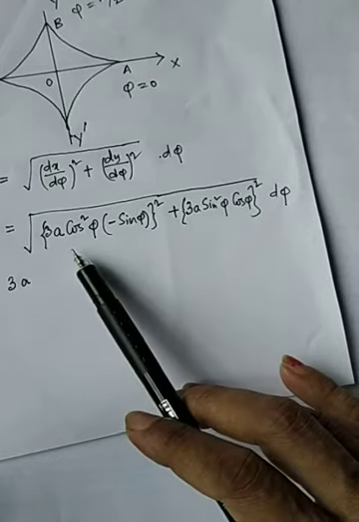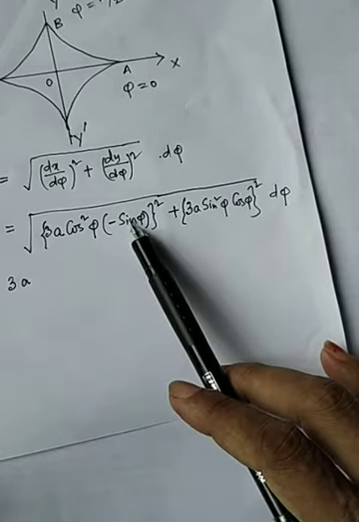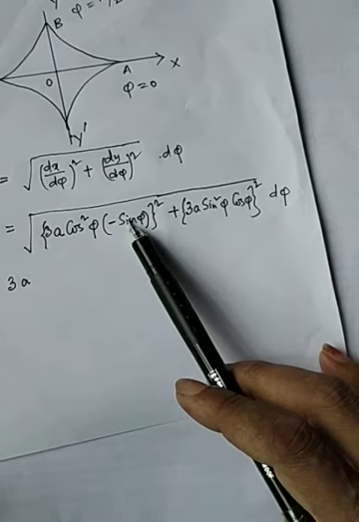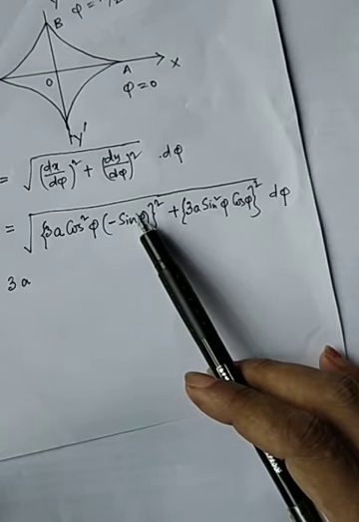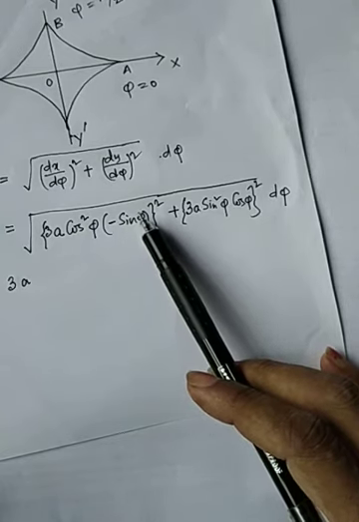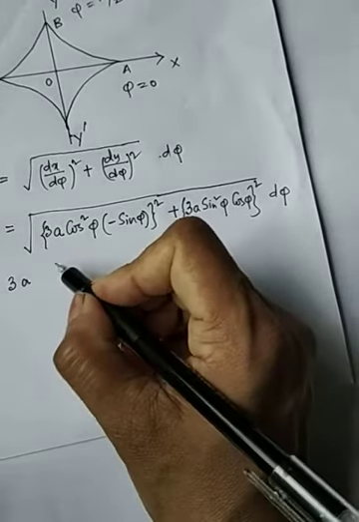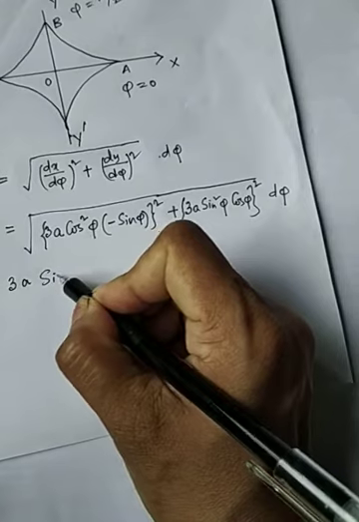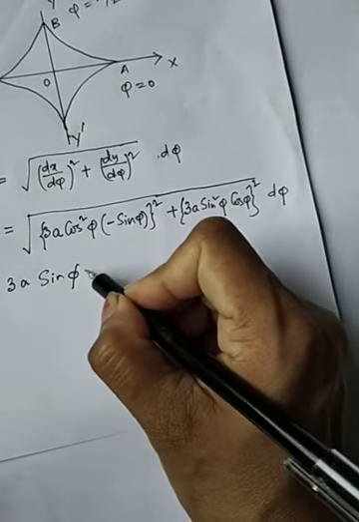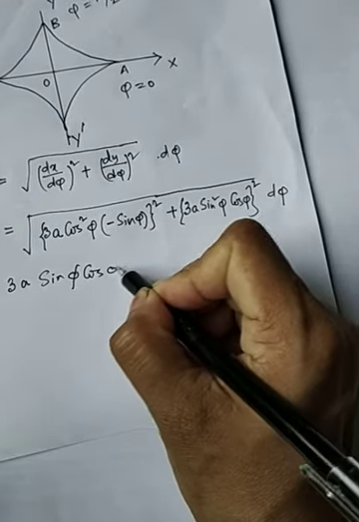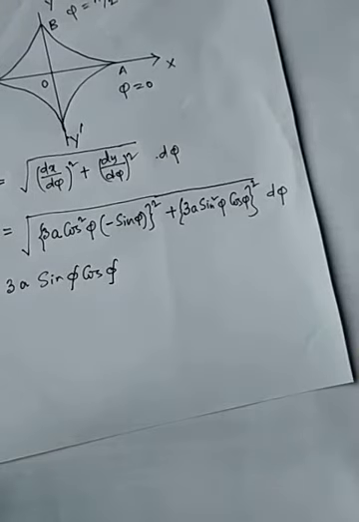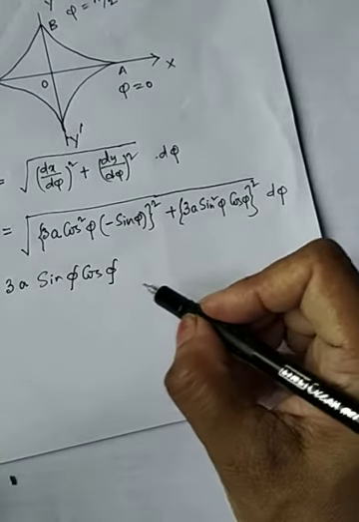So okay, and this is plus sin square phi. So you will have sin phi and cos phi d phi.